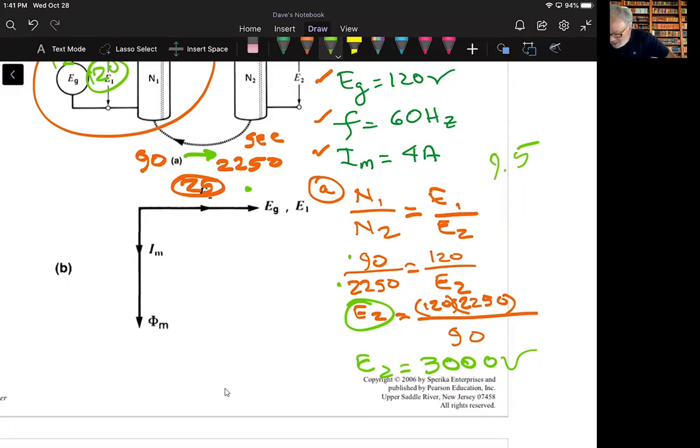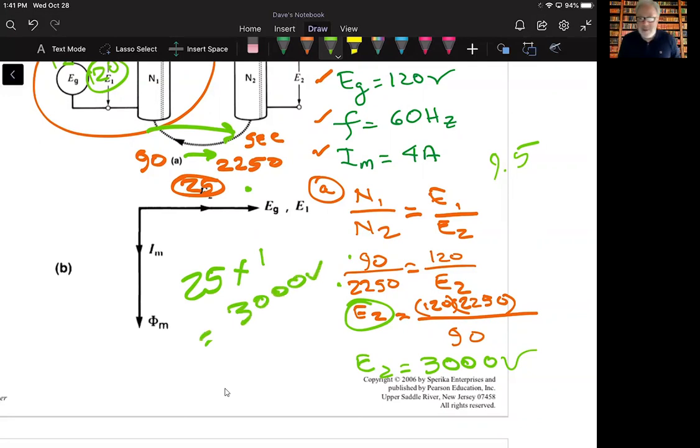If I have more turns on the secondary than on the primary, whatever that number is, the voltage will also reflect that. So I could have just determined the voltage ratio and then concluded that the secondary voltage would be 25 times larger. In this case, 25 times 120 comes out to equal 3,000 volts.